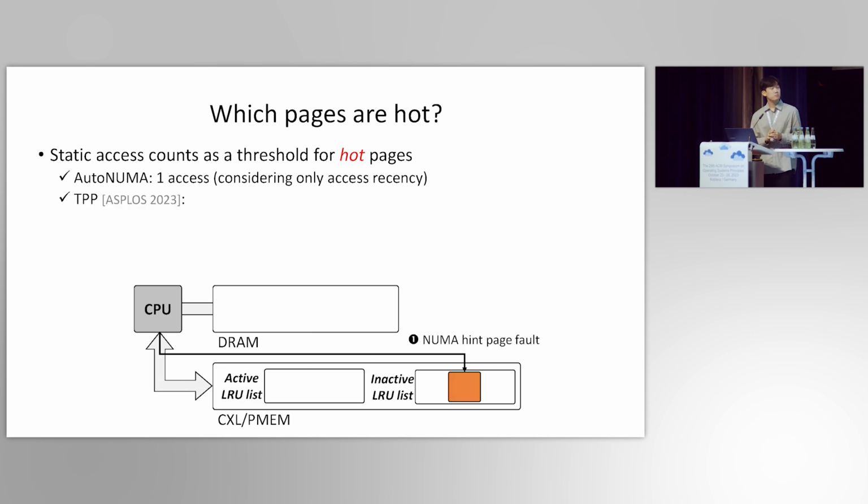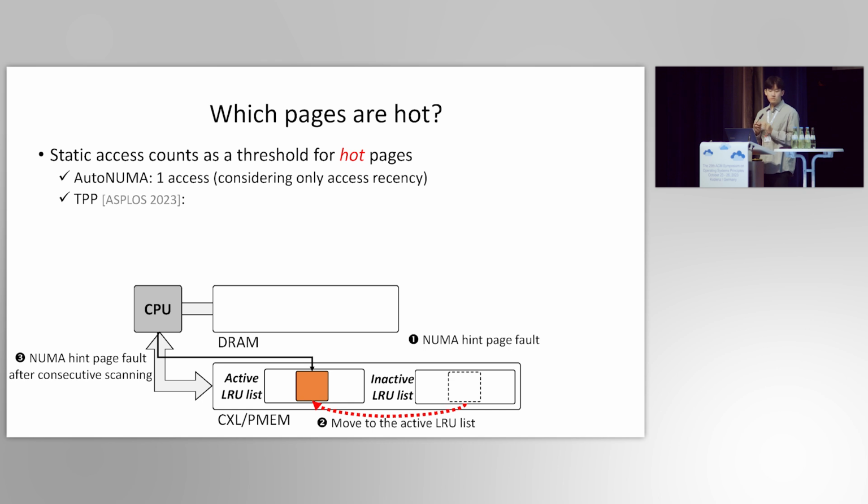Recently proposed TPP enhances the AutoNUMA functionalities by decoupling allocation and demotion procedures, and by employing a more apt hot page detection method, which harnesses the page's position in existing LRU lists. So if a page in the inactive list is accessed after a scan, a NUMA hint page fault occurs, and TPP moves this page to the active list instead of directly promoting it to the fast tier.